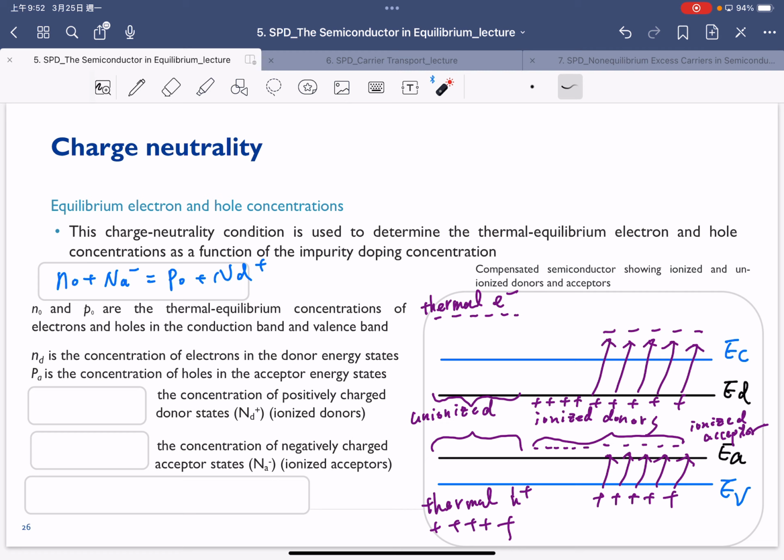So the Nd is the concentration of electrons in the donor energy state, and Pa is the concentration of holes in the acceptor energy state.